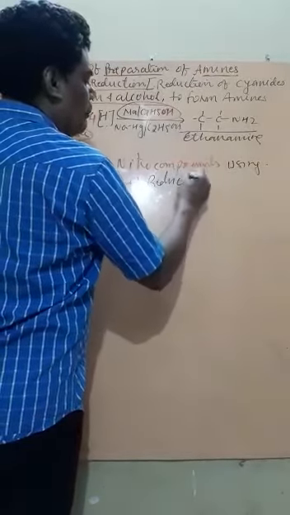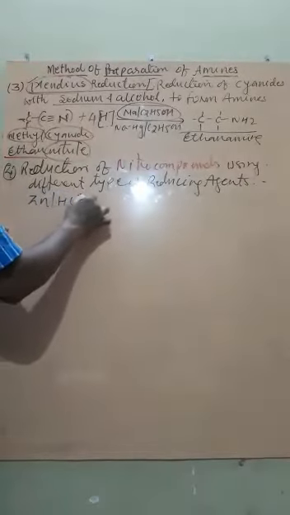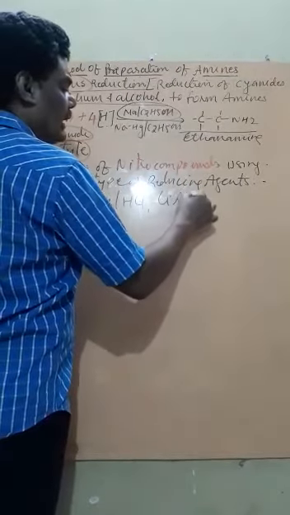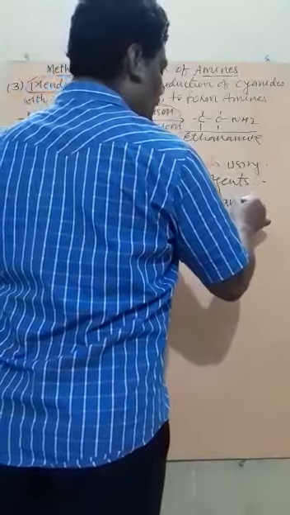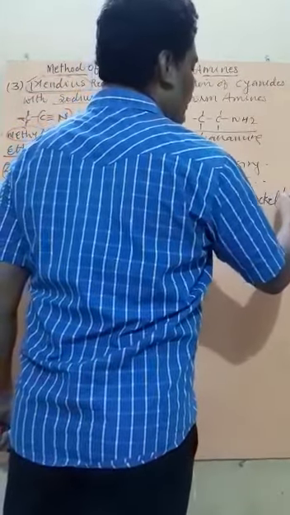Earlier I told you many types of reducing agents can be used, like Zn with HCl, Sn with HCl, LiAlH4. All these are called reducing agents. Even we can use Raney nickel, Raney nickel with any other type of catalyst. So these can also be used.